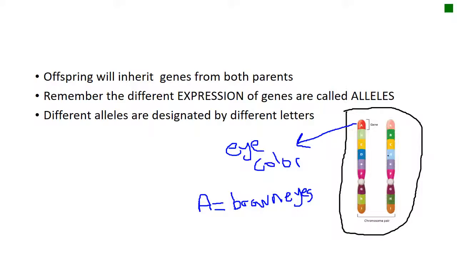Now, if we go to the next chromosome and look at the exact same gene location, but on the other chromosome, we notice that there is a little a there. They're coding for the same thing, they're coding for eye color, but it's different. In other words, this would be blue eyes.